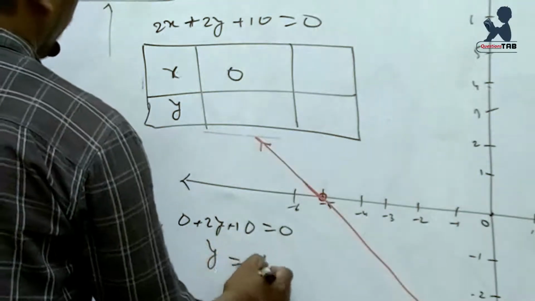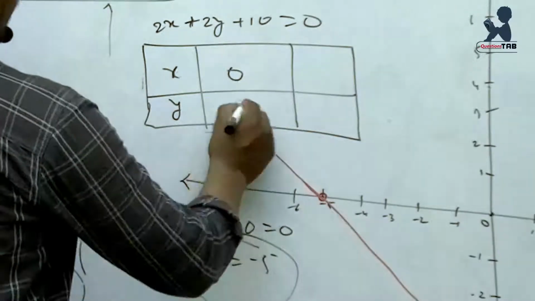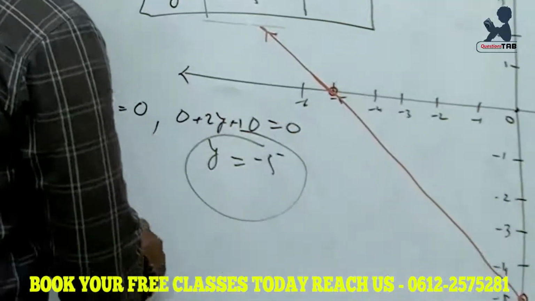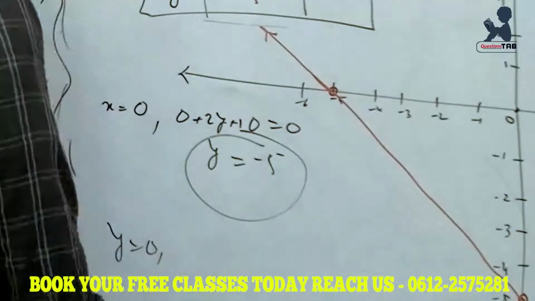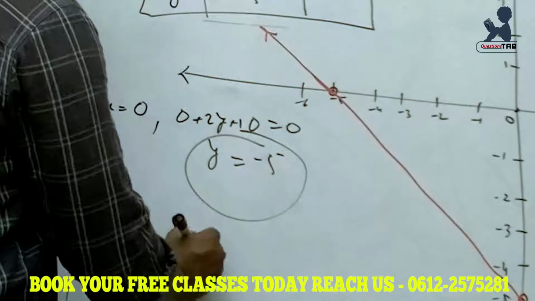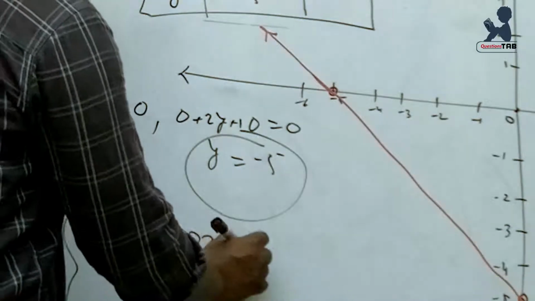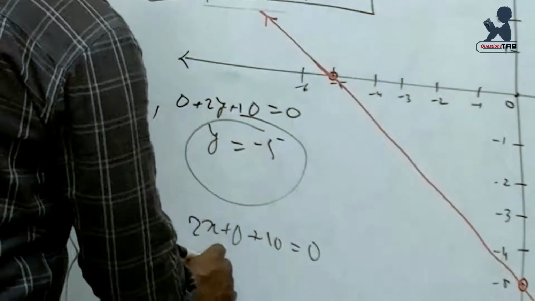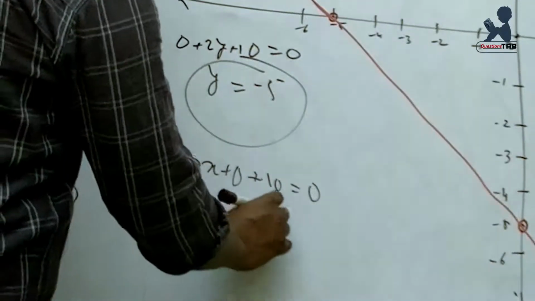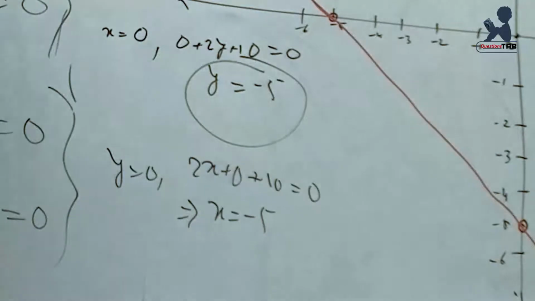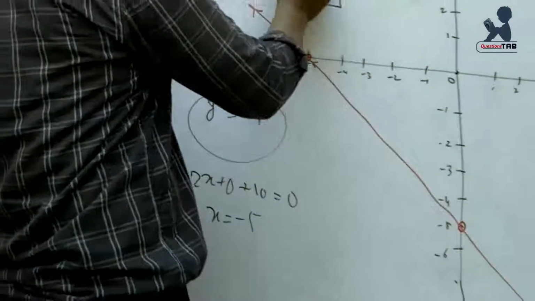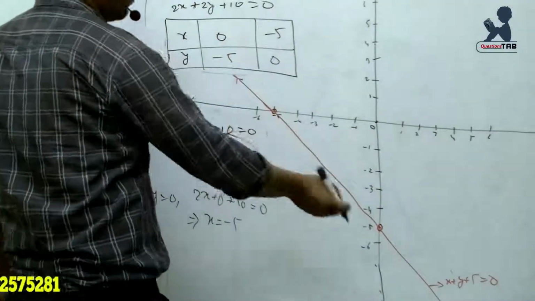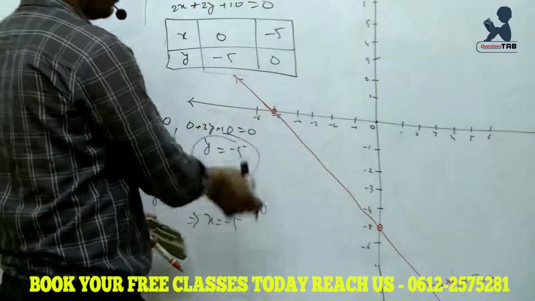So we get y equals minus 5, and for y equals 0, we get 2x plus 0 plus 10 equals 0. So we get x equals minus 5. So you see, we find the same points again.